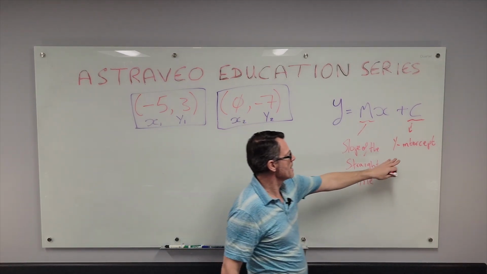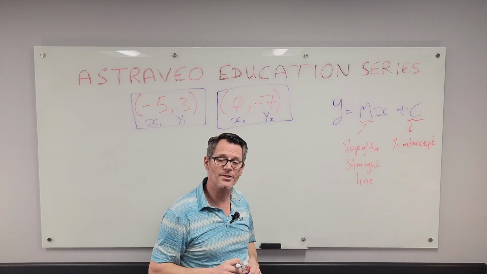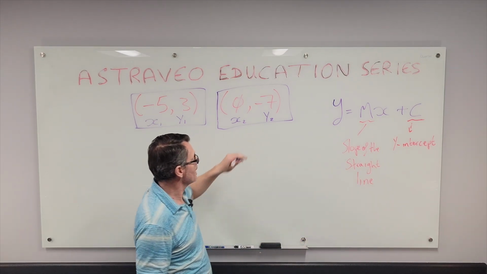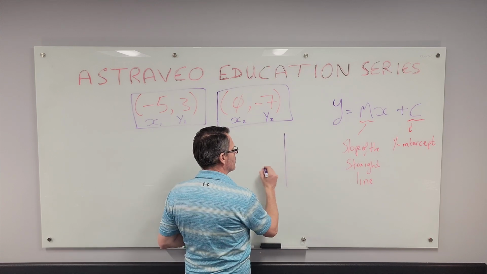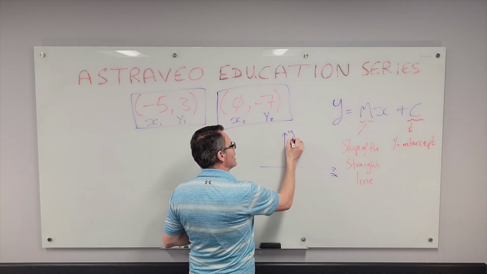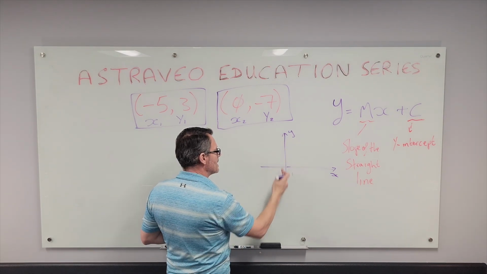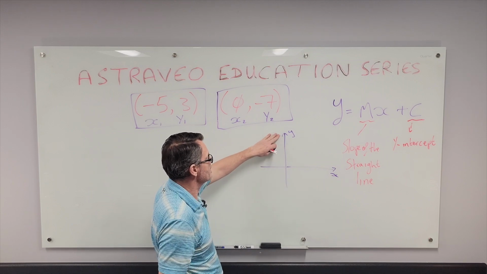But don't forget our definition of C, the y-intercept. It's where the line crosses the y-axis. Now, if you remember from your Cartesian coordinate graph, this is the x-axis, this is the y-axis. This line here is the y-axis.